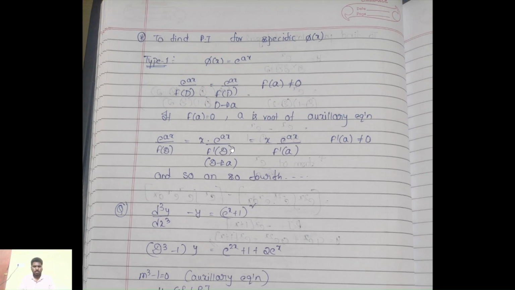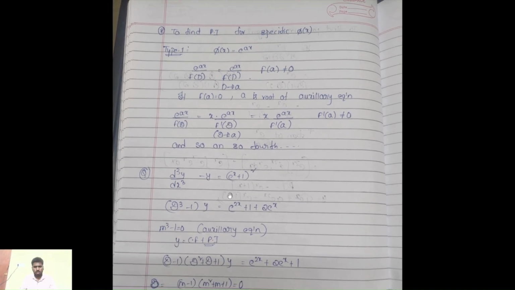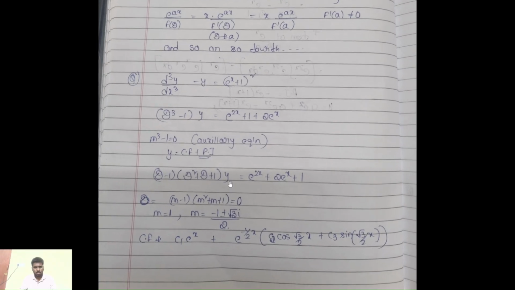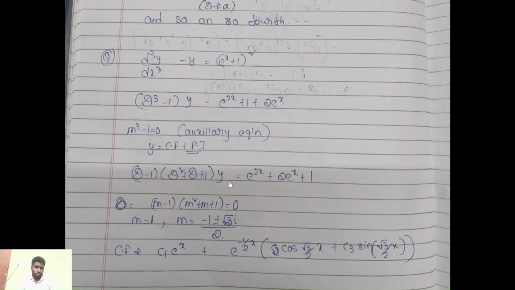In this fashion, suppose I have d cube y by dx cube minus y equal to (e power x plus 1) whole square.